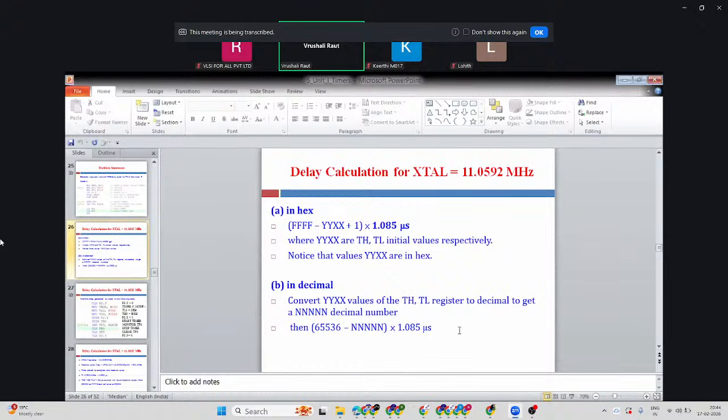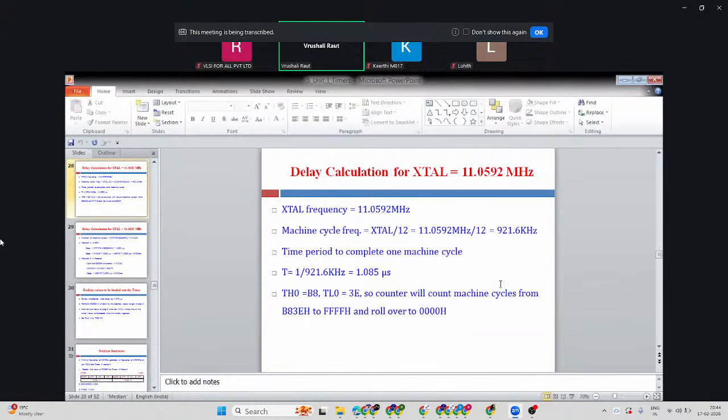Look, here it is written. What is our clock frequency? 11.0592 is the clock frequency. I'm going for that calculation. What I told you, what is the clock frequency or XTAL frequency? It is 11.0592. So if this is the clock frequency, what is the machine cycle frequency?